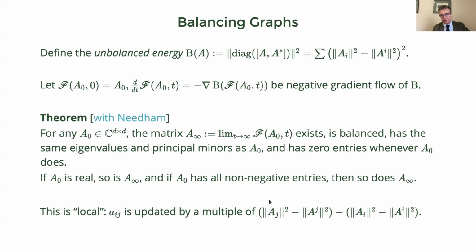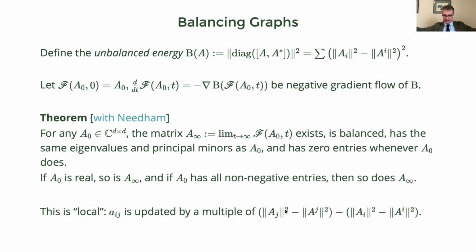So your edge between vertex I and vertex J is updated by a multiple of the weight difference at vertex J and the weight difference at vertex I. Your edge looks at the two vertices that it's connecting and says, this vertex has some amount of weight coming in and some amount of weight coming out.